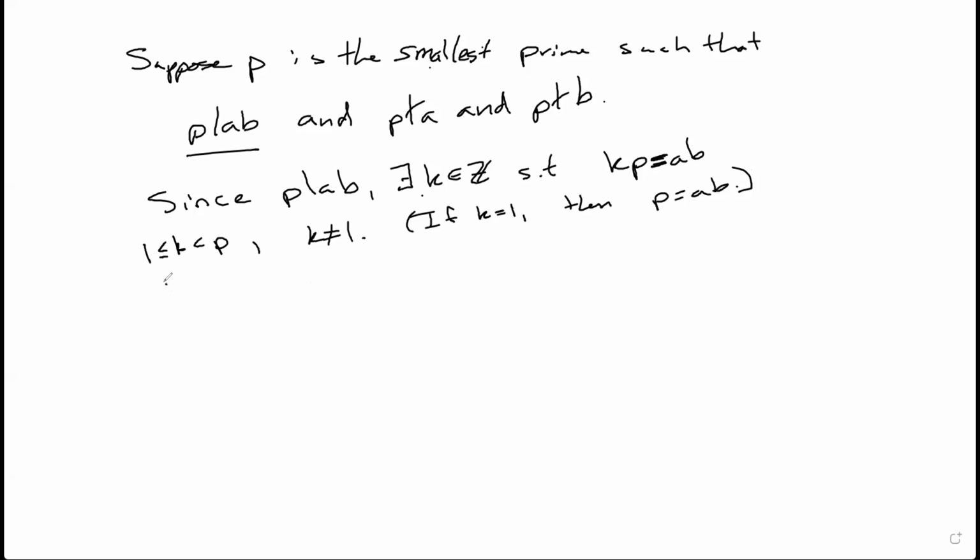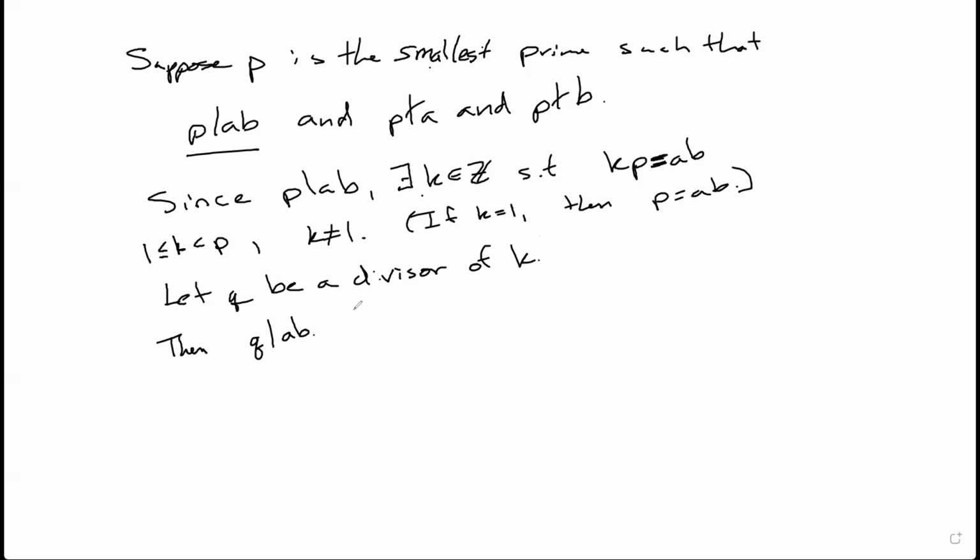So let's let Q be a divisor of K. Now, K could be prime. I don't really care. I'm just saying let Q be some prime divisor of it. So then by definition, Q divides AB.